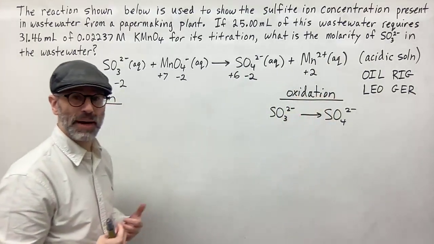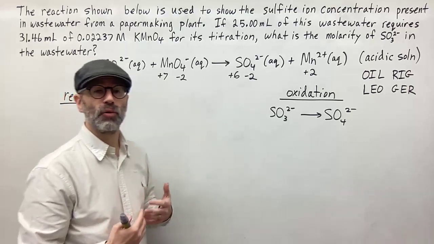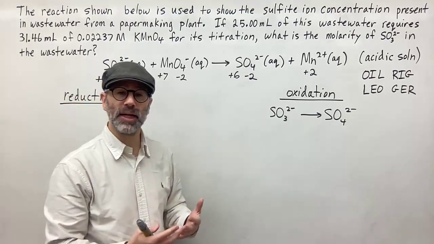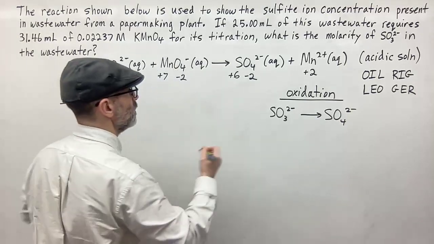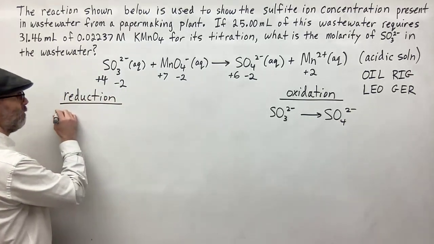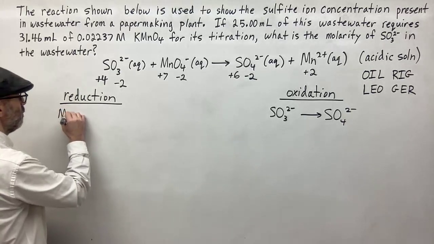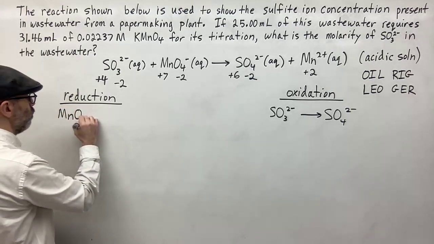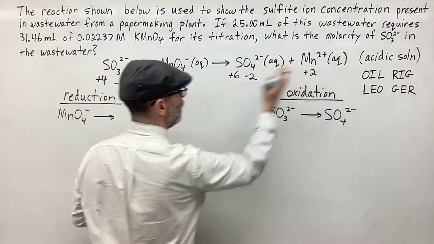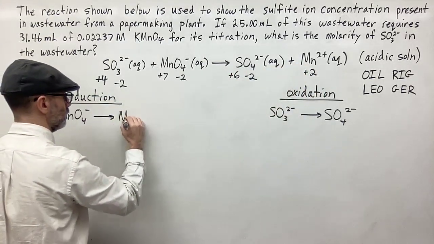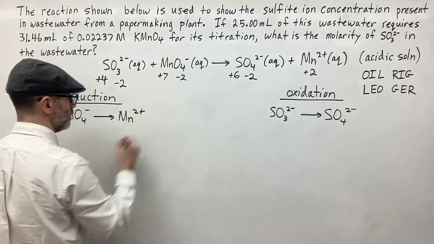So it became less positive, or in other words, more negative. So it must have picked up electrons. So it gained electrons. So that's the reduction half reaction. So we're going to write that half reaction over here. MnO4- is going to go to Mn2+.